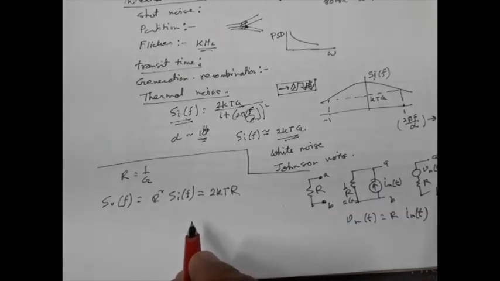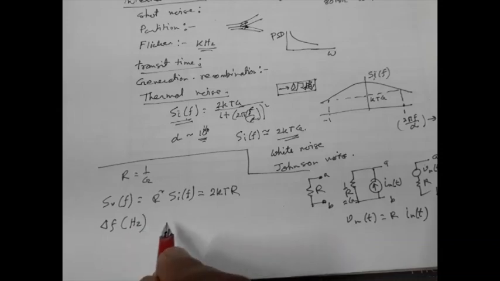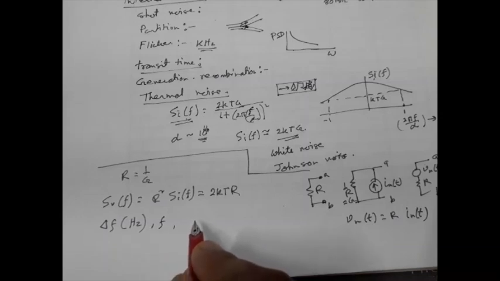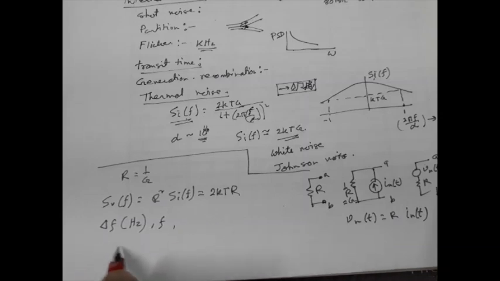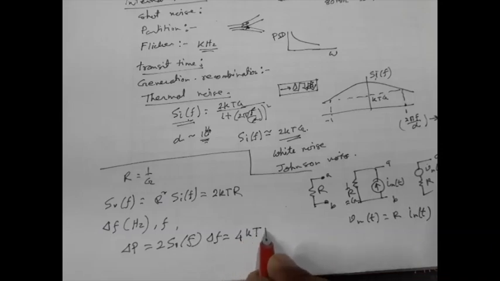Now from the interpretation of power spectral density, the power carried by the frequency component of delta f hertz centered at frequency f can be written as delta P equal to 2 S_V delta f, which equals 4kTR into delta f.